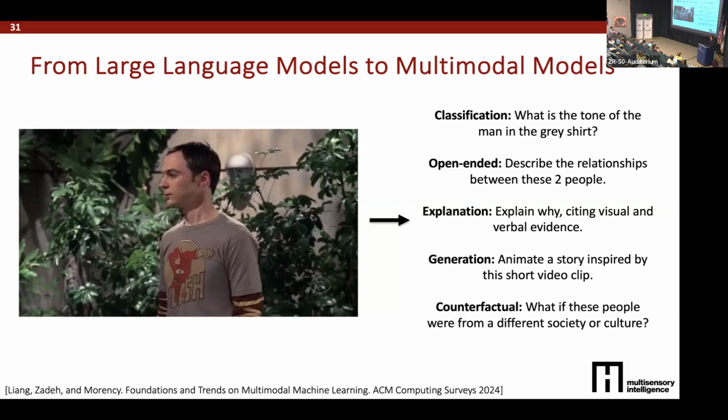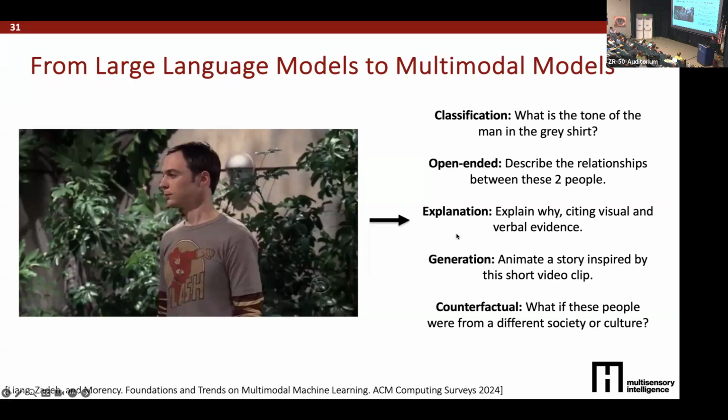You might also want the model to animate a short story inspired by this initial video clip. Imagine if an AI model could automatically fill in the rest of this scene. And you might also want to ask counterfactual questions. Imagine one of these people were from a different society or culture. Would that still be seen as humorous, or might this be seen as offensive in different cultures?